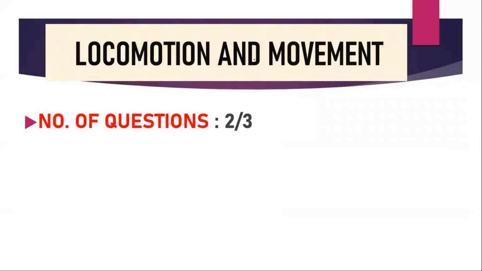Locomotion and movement, again, 2 or 3 questions. One will be from joints, that too especially examples of a pivot joint. They can ask about the gliding joint. So you must know the different types of synovial joints. Sometimes the question is as simple as fibrous joint. The question stops there. So be thorough with the joints more than the bones.